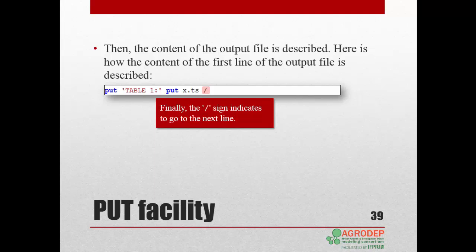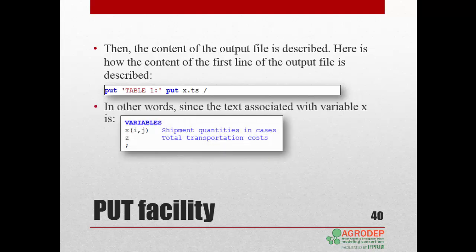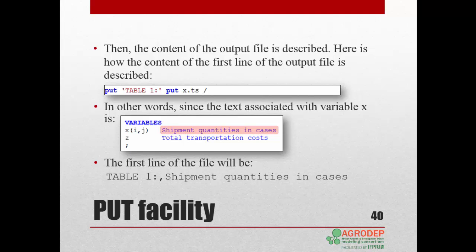The slash means to skip to the next line in the output file. In other words, since the variable x was defined in GAMS in this way, this is what the output file will show on the first line: Table 1, comma, shipment quantities in cases.